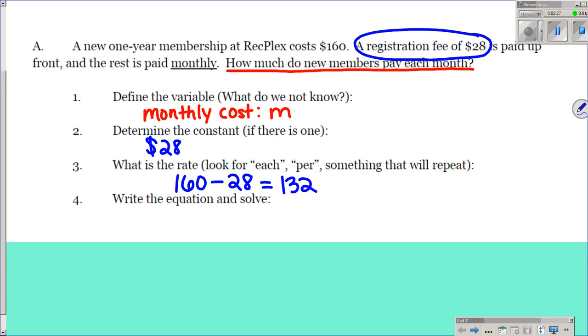And if we're going to pay this over 12 months, we can take the 132 and divide by the 12 months. And 132 divided by 12 comes out to $11.